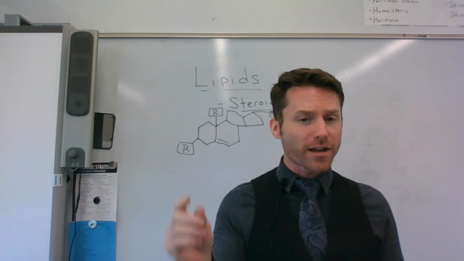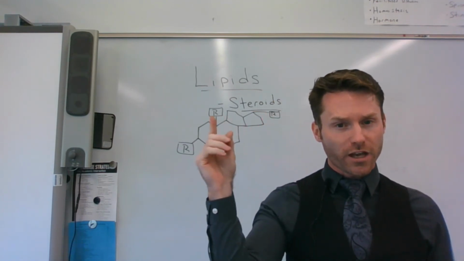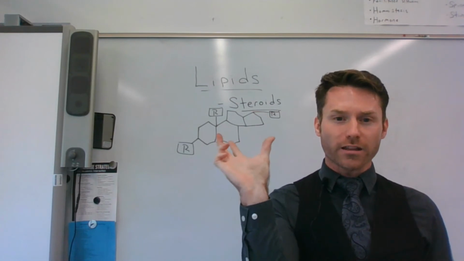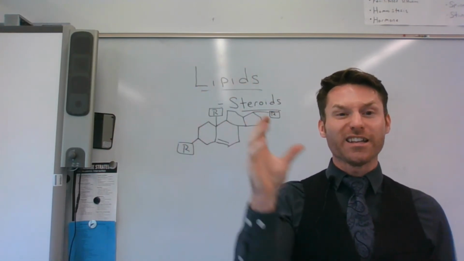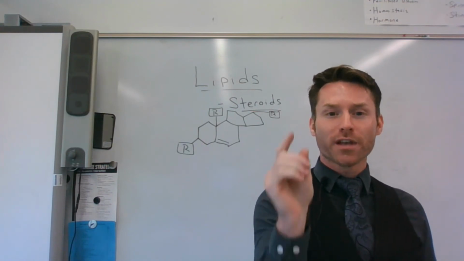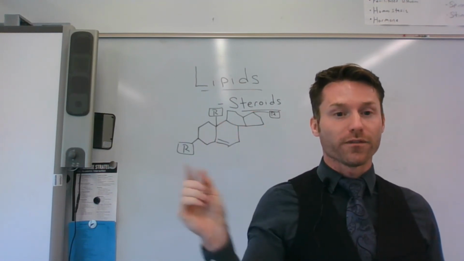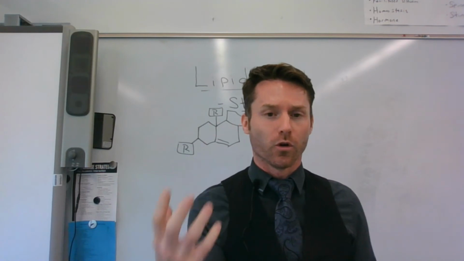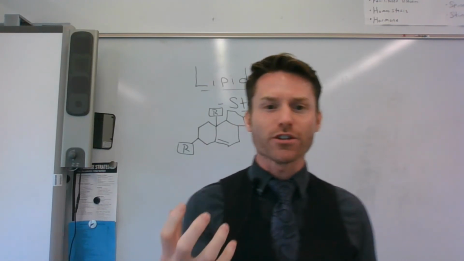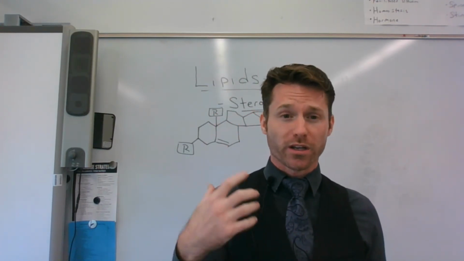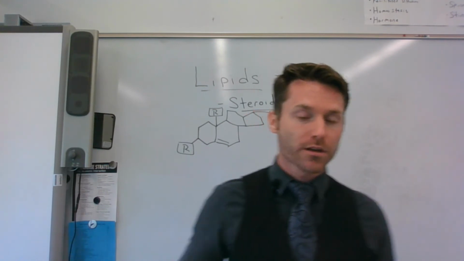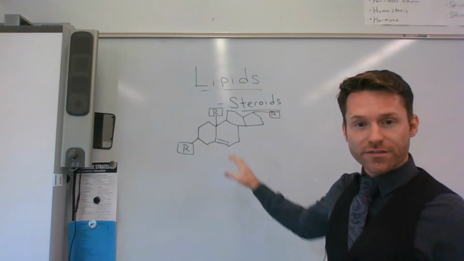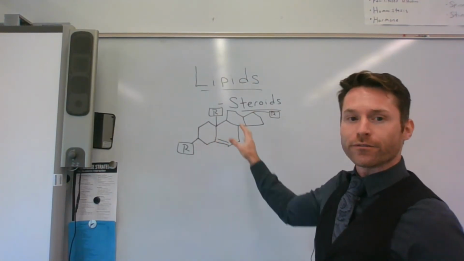And the fact that they just require these little modifications means that I can create lots and lots of the base, and then as I need specific types of hormones, I just modify the functional groups to create different hormones. So that increases the efficiency and the speed at which we can create these needed molecules. Okay? So steroids, just these 4 rings with different functional groups.